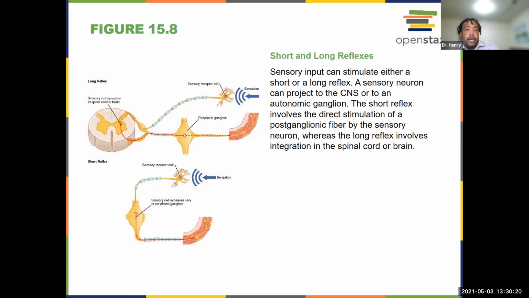Okay, and then for the target. These long responses are going to be associated with the somatic nervous system.